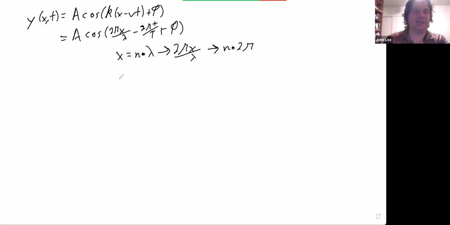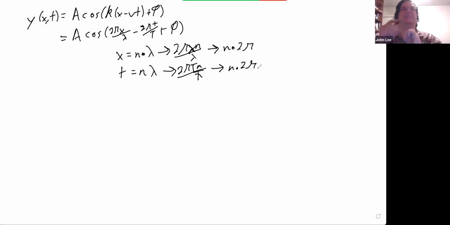So x equals n times lambda, or t equals n times T, goes to 2 pi x over lambda, or 2 pi nT over T, which goes to n times 2 pi.